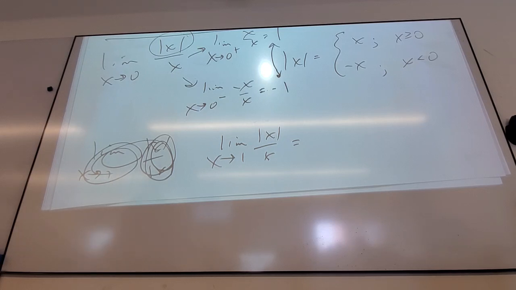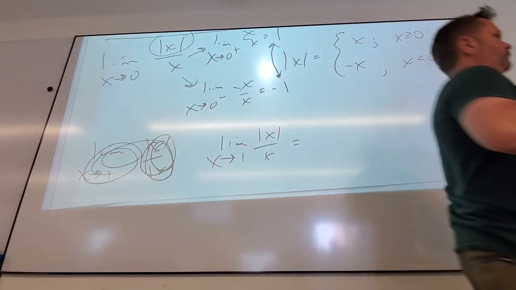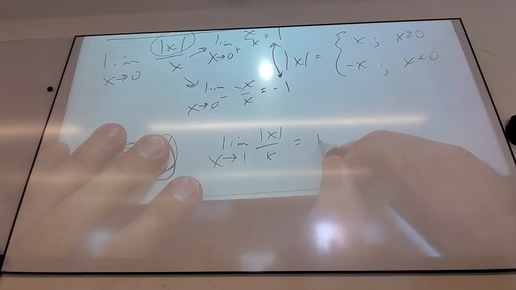In fact, do I even care about what this does around -1? No, I just care about 0.9, 0.99. So 0.9 divided by 0.9 is 1, 0.99 divided by 0.99 is 1, so you get 1. Is that okay? The only issue with the first one was I was dancing around 0, which is where everything changes.